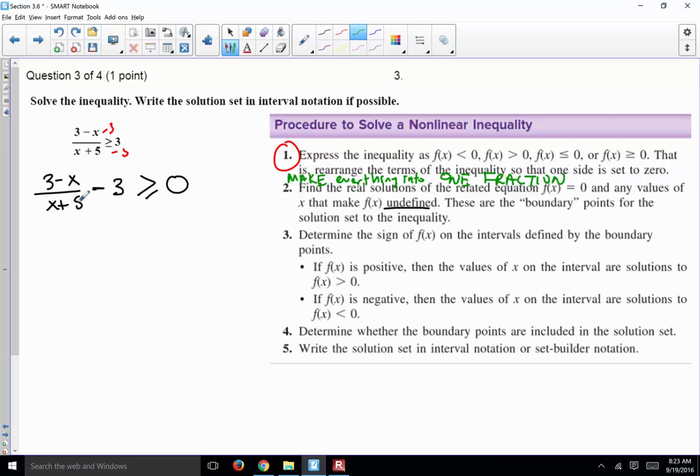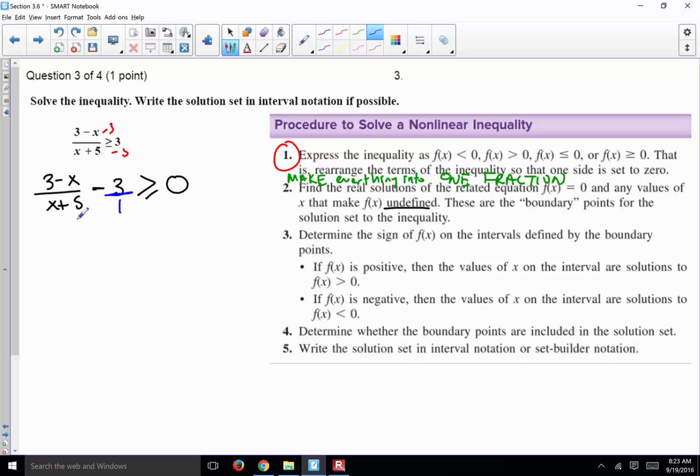So I see a fraction and a whole number subtraction here, which is no good. I need to bring them all into the same fraction, and then we will do what needs to be done in step 2. What do I mean by bringing it to the same fraction? This is a subtraction. You need to perform this subtraction, put 1 under. You need to combine these two fractions. There are two separate fractions now.